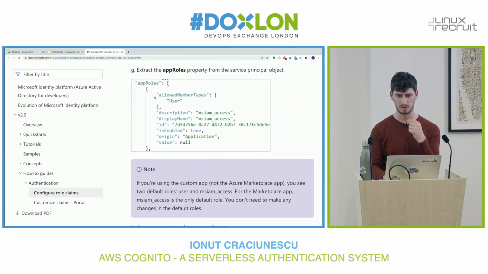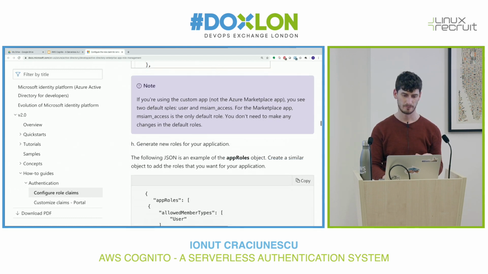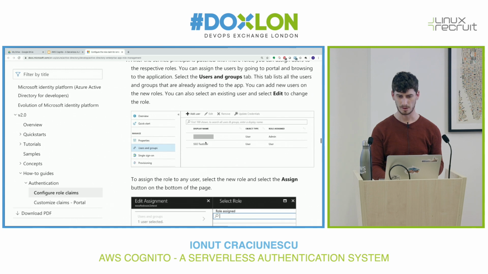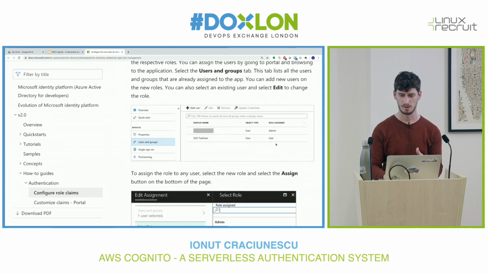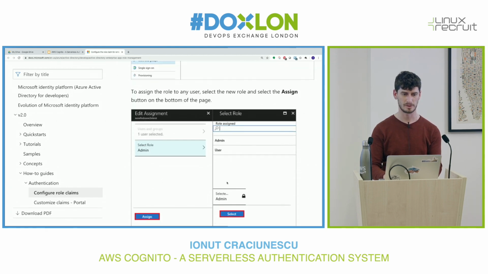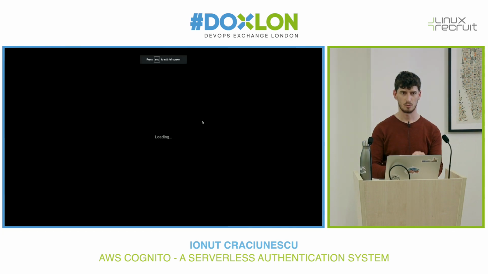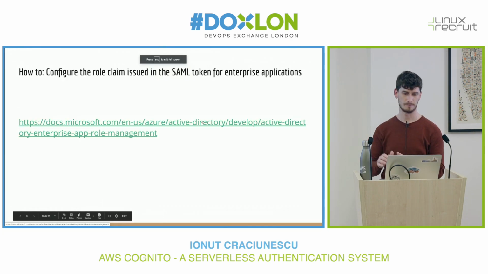So this would be how the JSON payload looks like when I patch the app. And later on, and here, these are my users. I can also use security groups or distribution groups, if I'm not wrong. And they can be assigned to roles. And once this is done, the user will have those roles in the SAML claim.